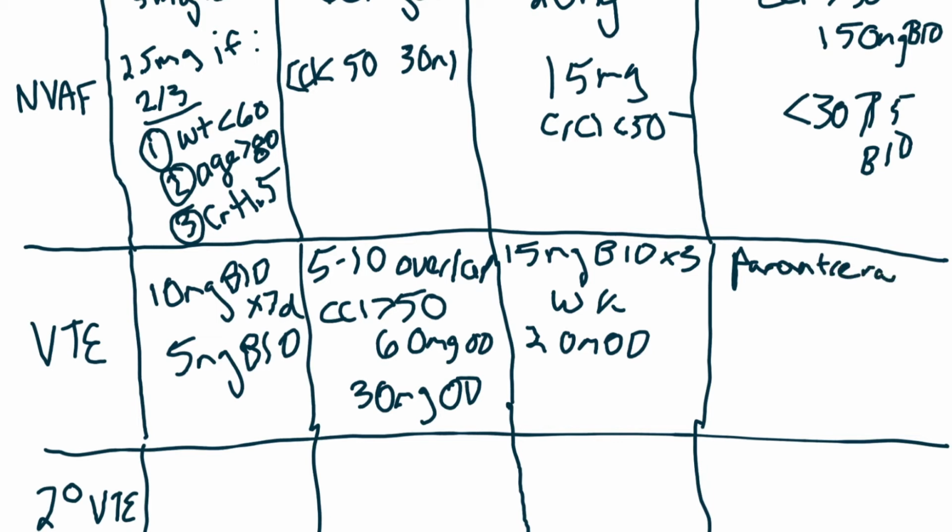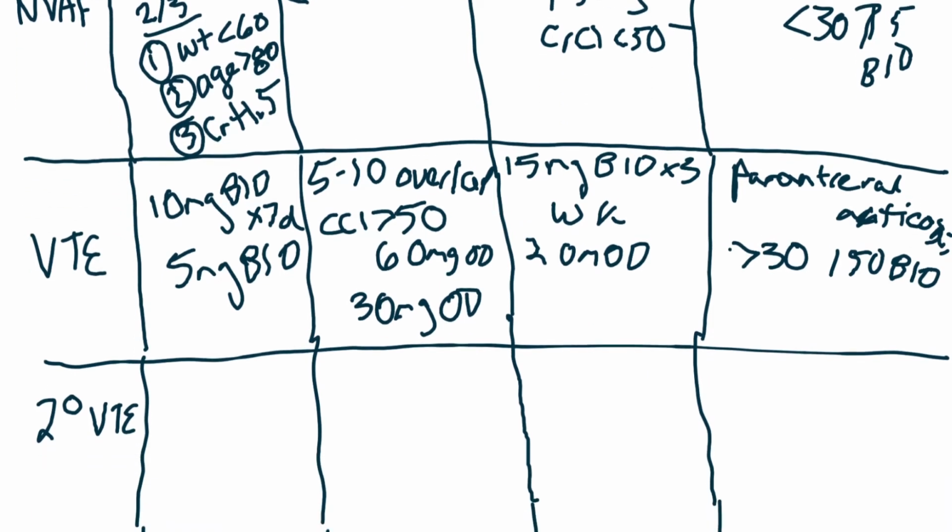There is a need for bridging here. And we use the dose of 150 milligrams BID if the creatinine clearance greater than 30. Otherwise, you should exercise caution. Okay, so let's keep going.